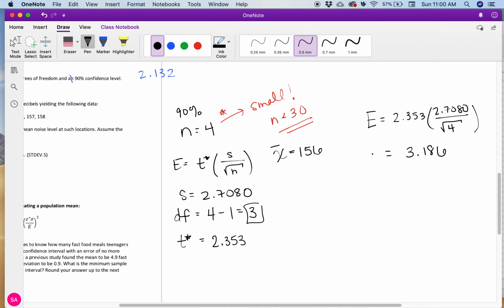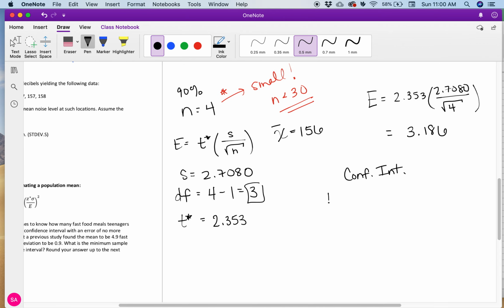Once you find your error, you can actually find the confidence interval. And to do that, remember, we have the lower bound, which is your sample mean minus the error. So we'll have 156 minus 3.186. And then our upper bound, x bar plus the error.